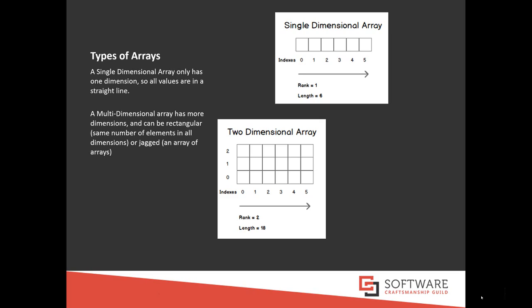The rank is 2, because if we want to get to any individual box, we have to specify the row, like 1, and the column, like 3. So if we want the element, we would say position 1, 3. The length of the array is the indexes, 6, times the number of dimensions in the vertical direction, 3, 18.